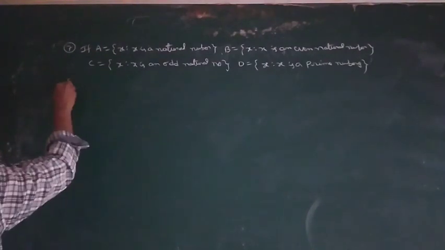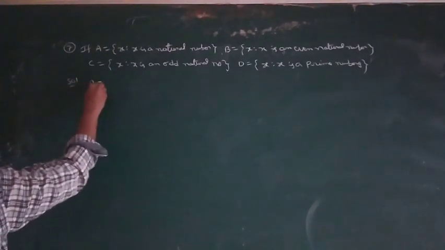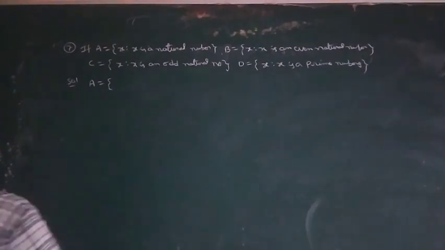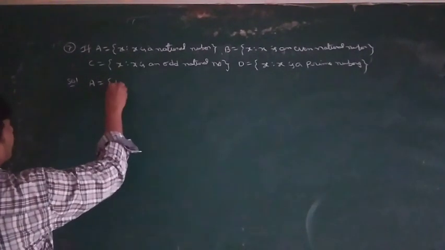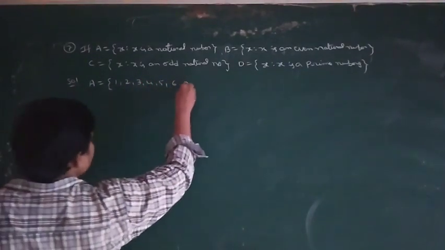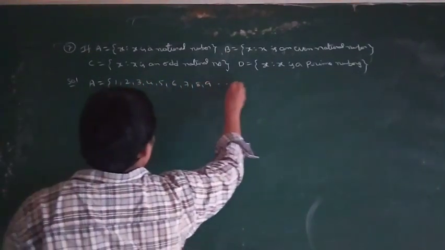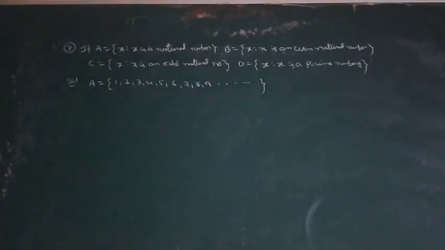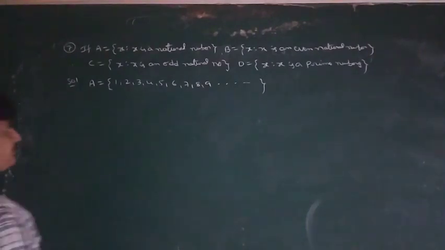So solution, what is equal to A? A is a natural number. This is set builder form. Set builder form can be written in roster form: 1, 2, 3, 4, 5, 6, 7, 8, 9 and so on. Infinite set, because natural numbers are an infinite set.